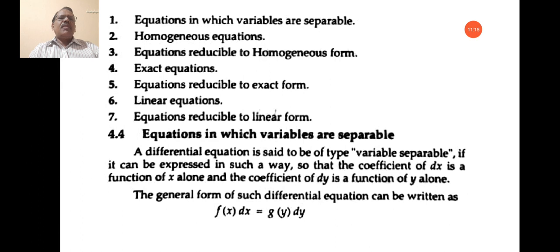The general form is f(x) dx = g(y) dy. So we see that the variable x is on the left side and variable y is on the right side. That means variables are separated. That is the first step.